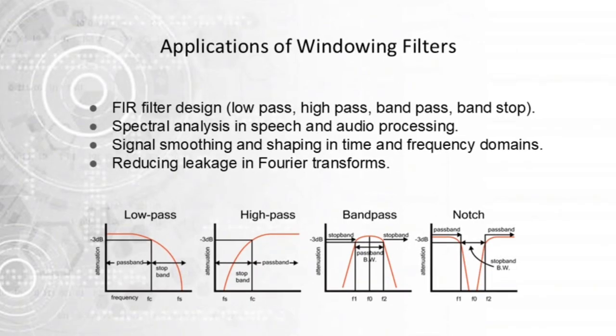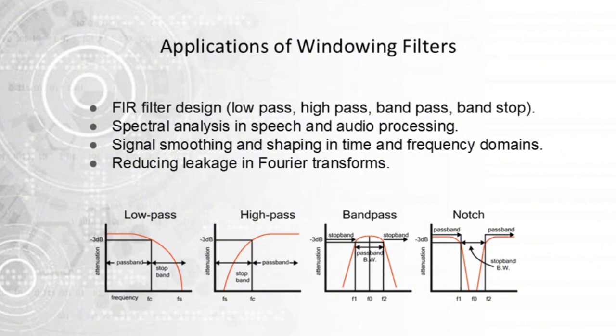After that, we go to the applications of windowing filters. Windowing filters are used in many important applications. They help in designing FIR filters such as low pass, high pass, band pass, and band stop filters to shape the frequency response. They are also used in spectral analysis for speech and audio processing, breaking down signals into their frequency components.